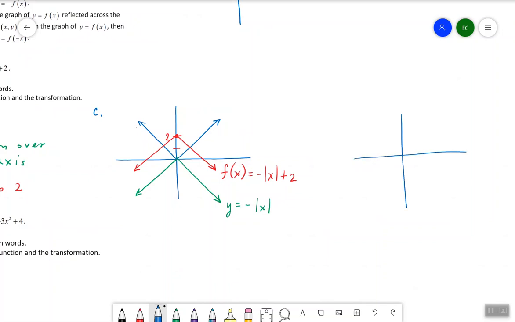If you shift up 2 units, then you get to here. That's a little bit sloppy on my graph, but I won't worry about it. And then if you reflect that over the x-axis, then of course you wind up with something way down here.